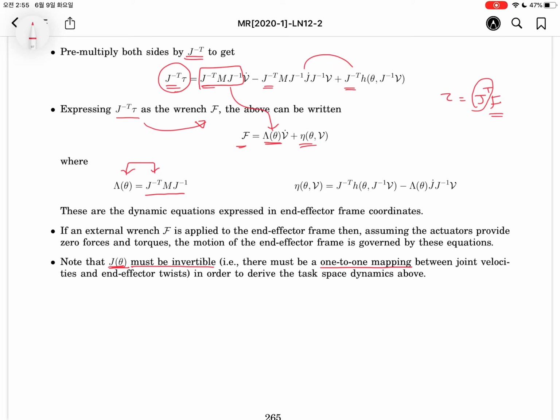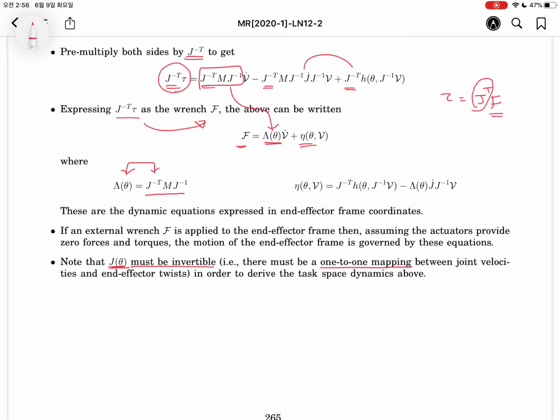Actually, the remaining sections are 8.7, 8.8 and so on. I will skip them because time is running out. Actually, section 8.9 is very important. It contains the actuator dynamics in the Newton-Euler method.